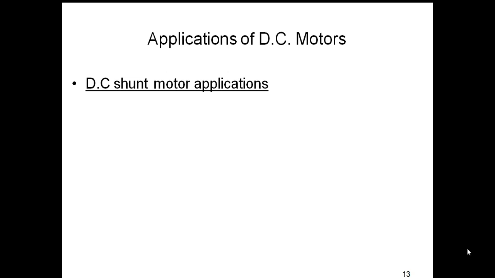First of all, let us see the applications of DC shunt motor.